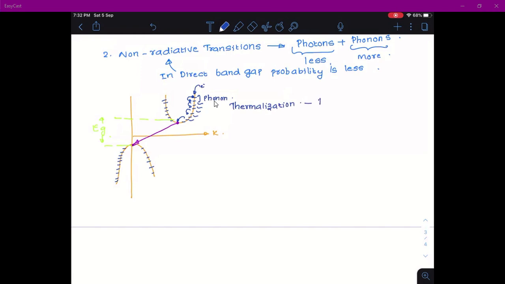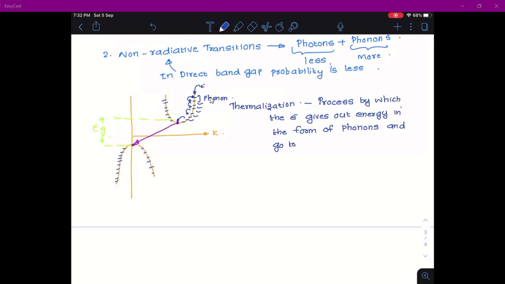So thermalization is the process by which the electron gives out energy in the form of phonons and goes to a lower energy level.